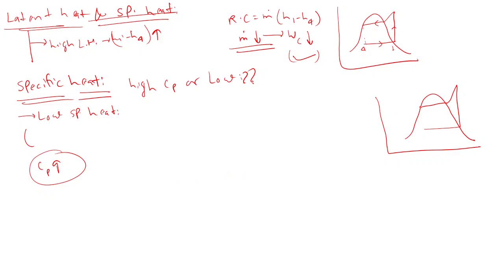Throttling will happen from 3 to 4, right? And if CP is high, then after throttling, 1 minute think and then tell if you are able to get it. After throttling, m dot of liquid becomes less.